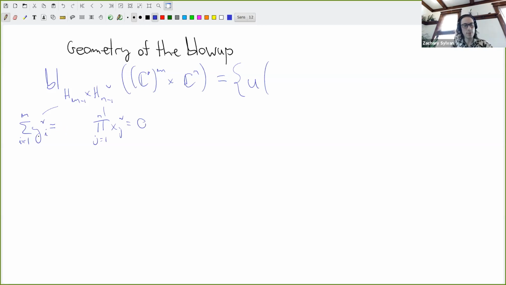This is the sum of the y's equals, 1 plus them. 1 plus that equals 0. 1 plus sum of yi check, i goes from 1 to M, equals V times product from j equals 1 to n of xj check.